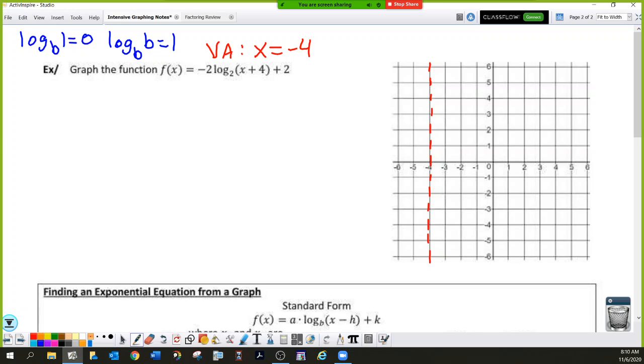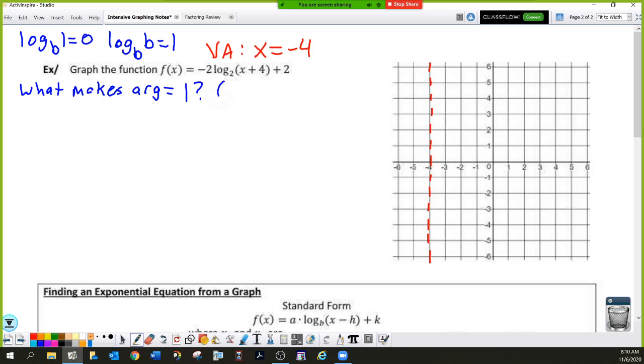So the first question is, what makes the argument equal 1? Because we're trying to force the first special log. So what makes that argument equal 1?